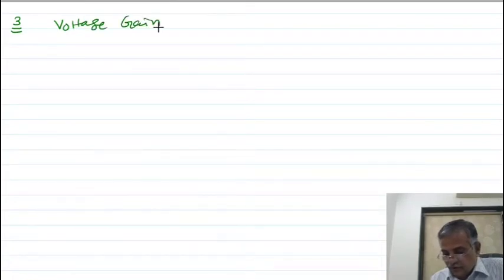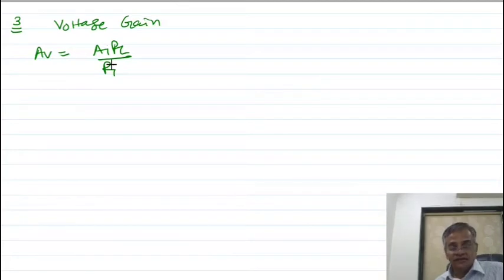Third, voltage gain. You know the voltage gain of the amplifier without feedback is given by AI RL upon Ri. This is the equation of the voltage gain of the amplifier without feedback, AI RL upon Ri.